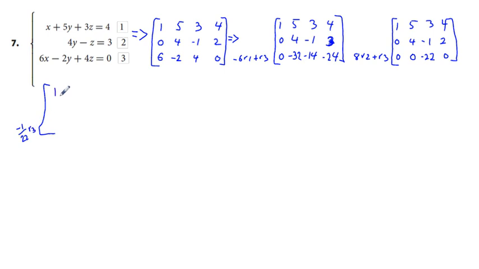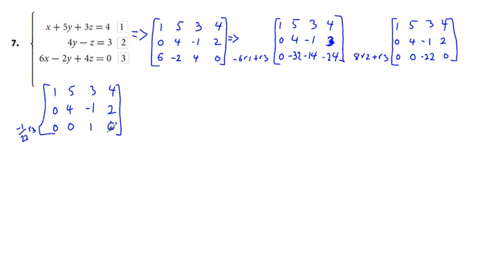So we got 1, 5, 3, 4, and then 0, 4, negative 1, 2, and then here in the third row we have 0, 0, and negative 1 over 22 times 22 is going to be just 1, and then 0 by the same is going to be this. So what we've done is we found that our value of z is going to be 0.